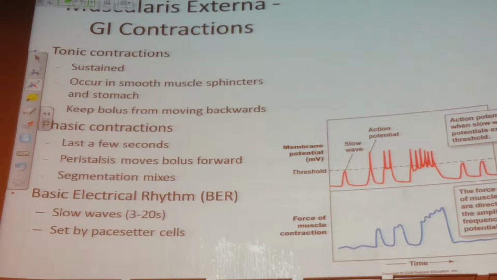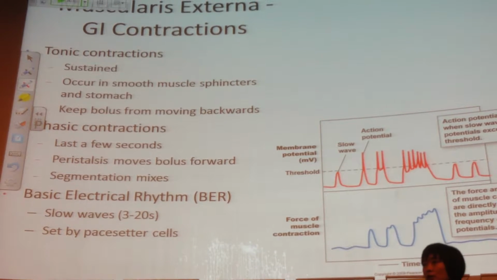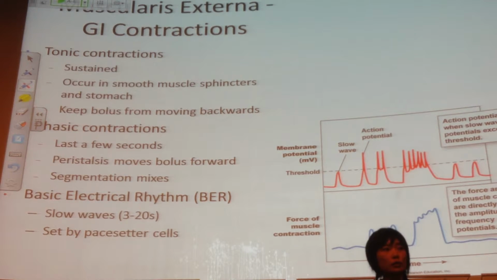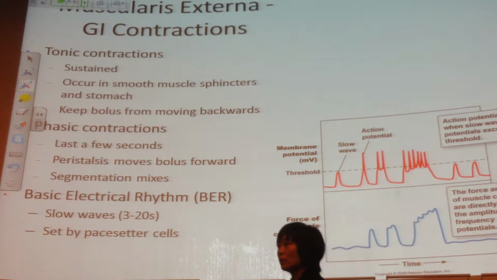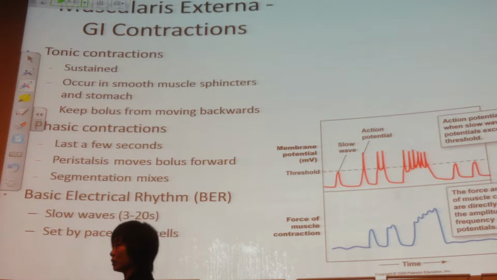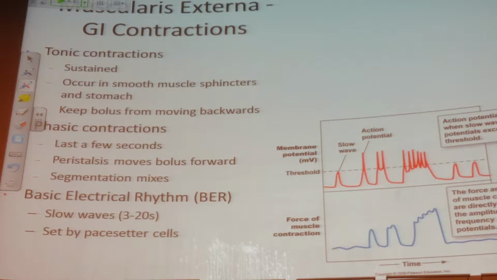Okay, so the first one is motility. Let's just focus on the muscularis externa, which is the third layer we were talking about before. In most of the GI tract we have two layers, while the stomach has three, but in most places we have just a circular and a longitudinal layer. It might not be very obvious, but the muscularis externa in different portions has different movement patterns.